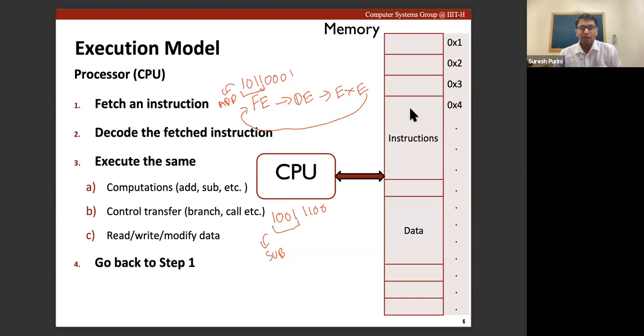But this is what I want you to understand. The first idea is that the instructions of the program you are executing are present in the main memory. The processor fetches these instructions one at a time, decodes them, that is, understands the instruction it has just fetched, and carries out the execution.